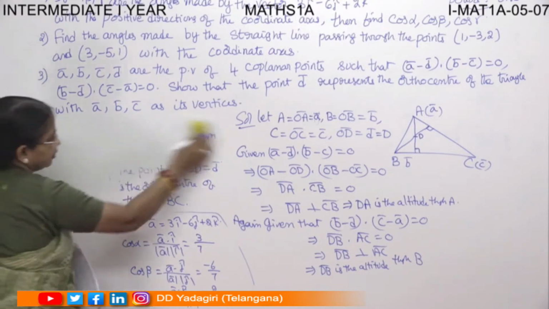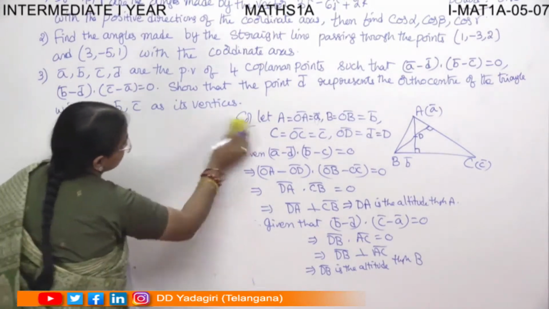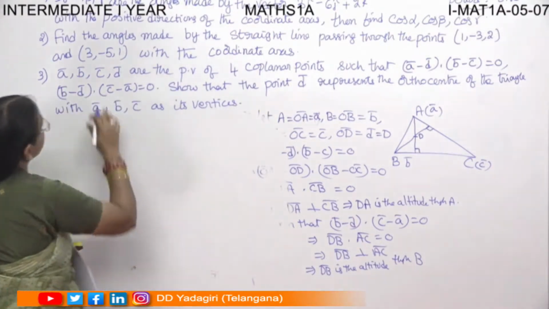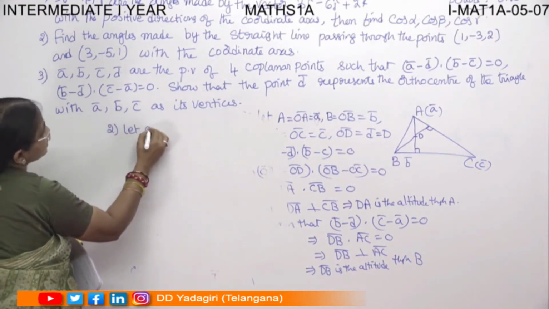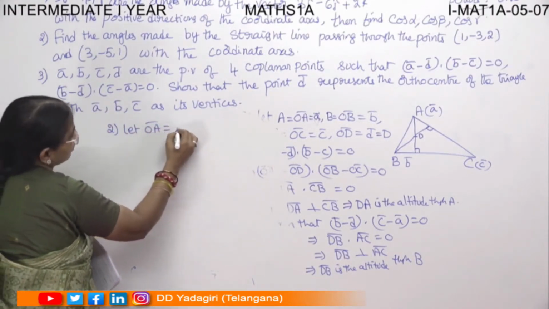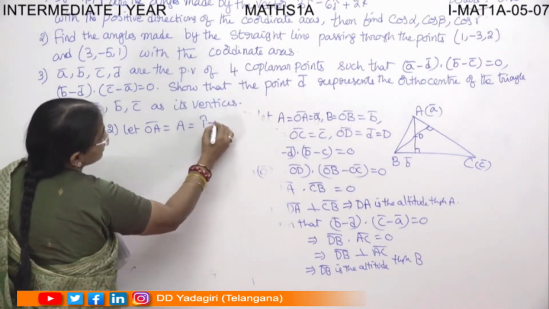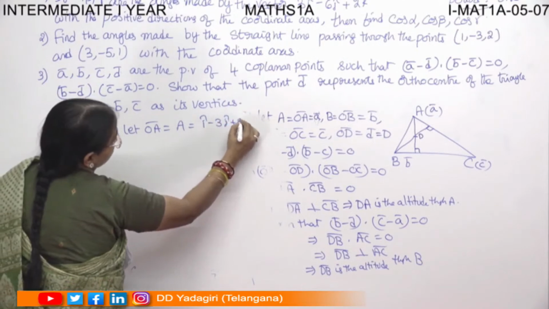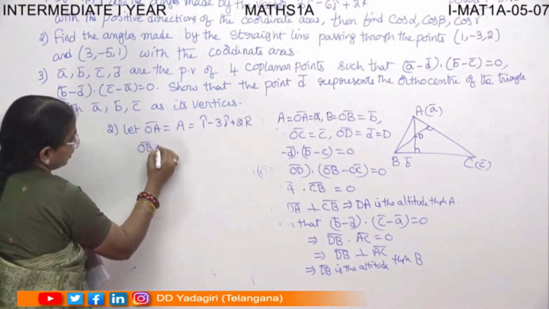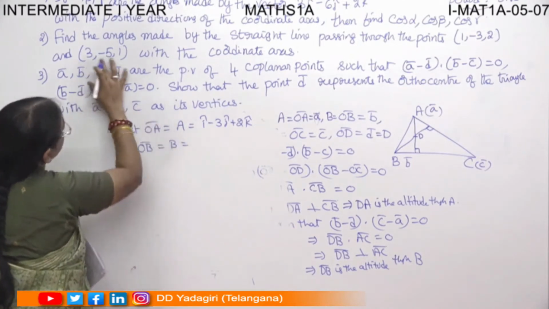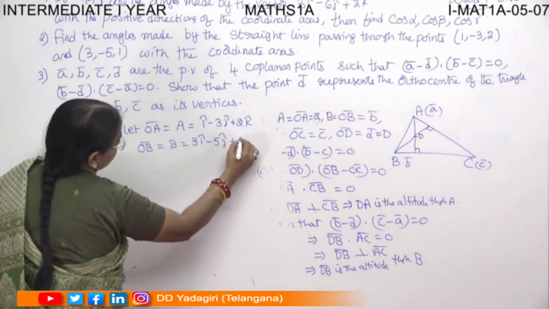Now we'll do the problem. So suppose that OA is equal to A, OB is equal to B, like this. In the second problem, let OA is equal to A is equal to i minus 3j plus 2k. And then B is the point, OB is equal to 3i minus 5j plus k.